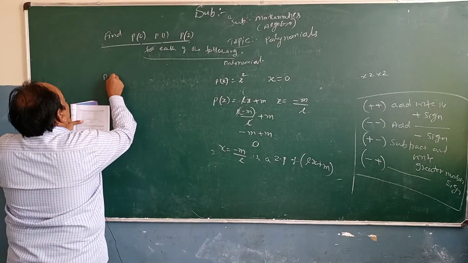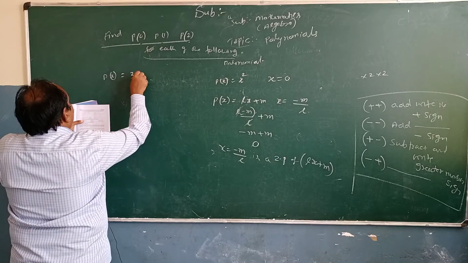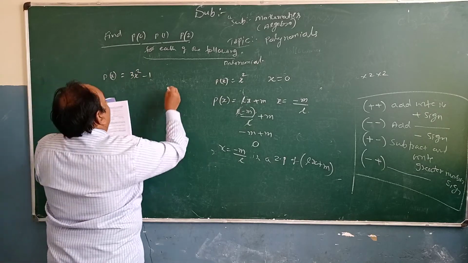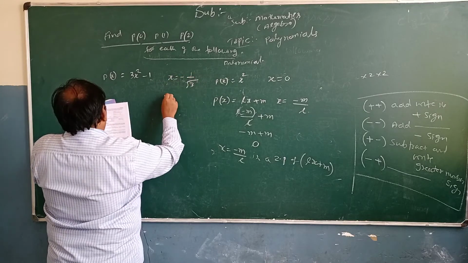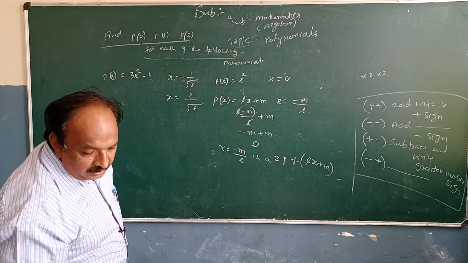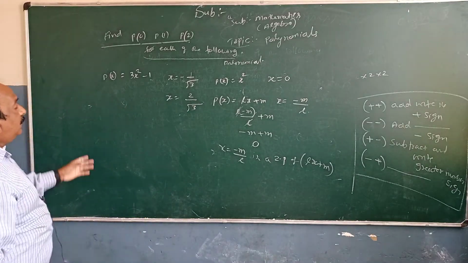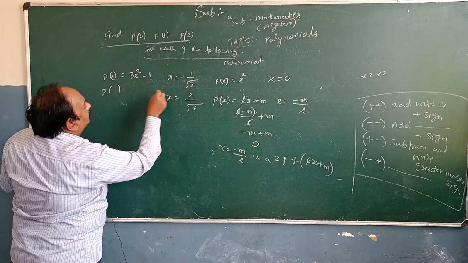Next, some more twisted problems, friends. P of x equals 3x square minus 1. X is equal to minus 1 by root 3. X is equal to 2 by root 3. Some twisted questions we are going to observe here. P of x, what is x?